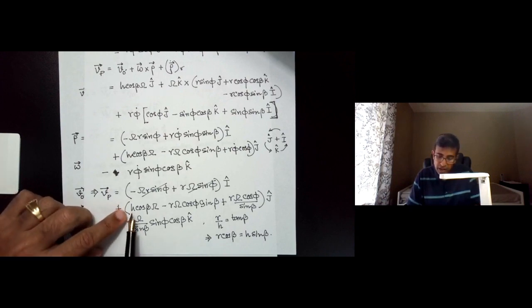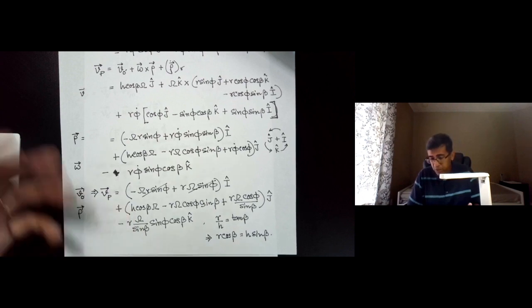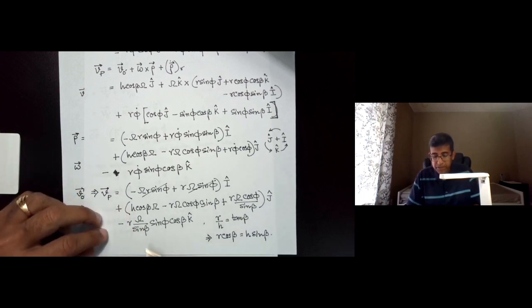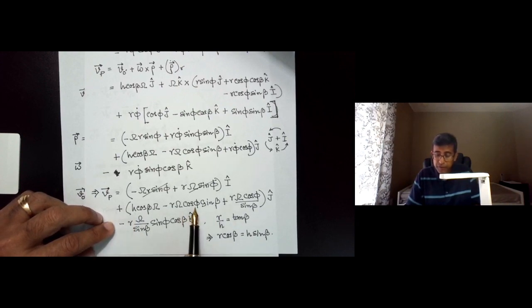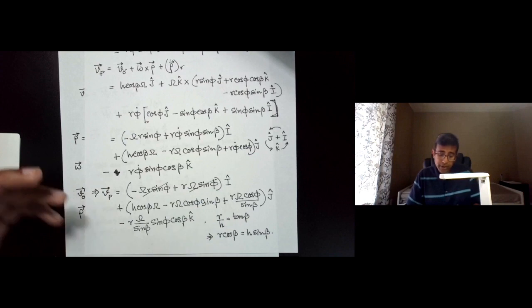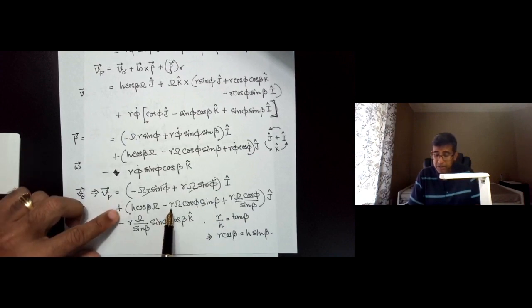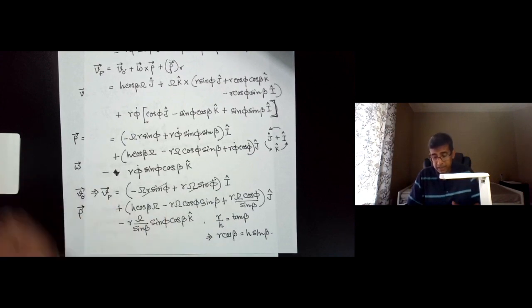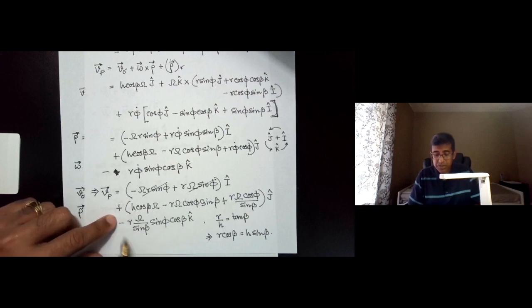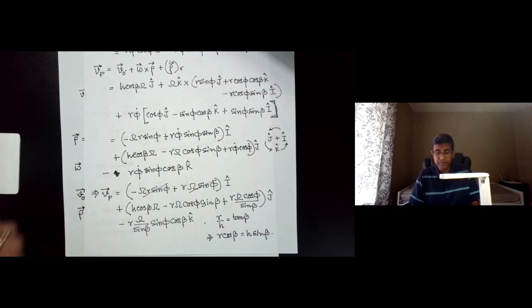So for instance, I can go and replace all these h variables by r cosine beta divided by sine beta, so that the whole solution is in terms of r and omega and phi and beta. Or I could express r in terms of h, and then the solution would be in terms of h and beta and phi and omega.